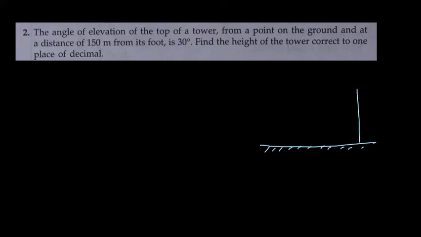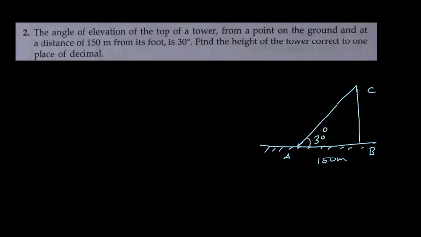It is given the angle of elevation of top of tower from the point on the ground and at a distance 150 meter from its foot is 30 degree. So this point is at a distance of 150 meter. So again I say this as A, this as B, and this height of tower as BC, and here it is given that this angle of elevation is 30 degree.